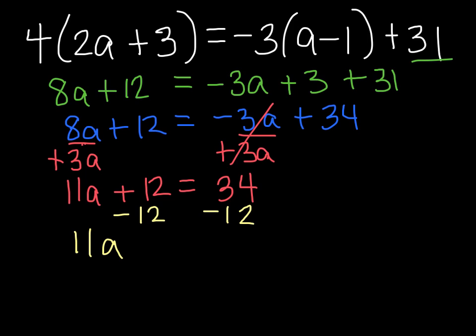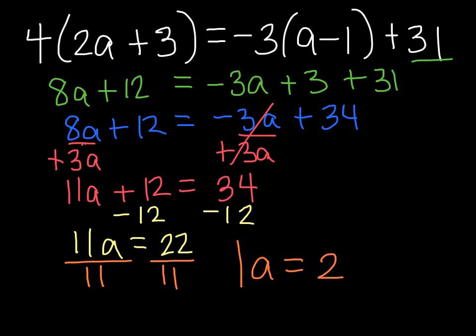So I know that 11 a's has the same weight as 22. But remember, I don't want the weight of 11 a's. I only want the weight of 1a. So I'm going to divide both sides by 11, and I find that a has a weight of 2 positives.